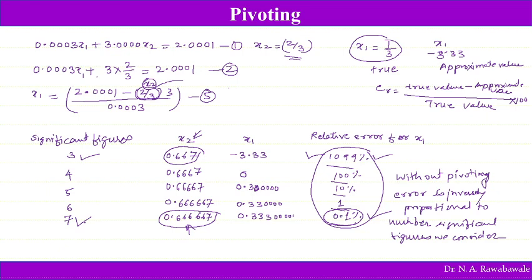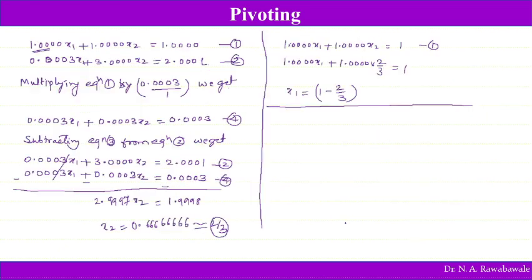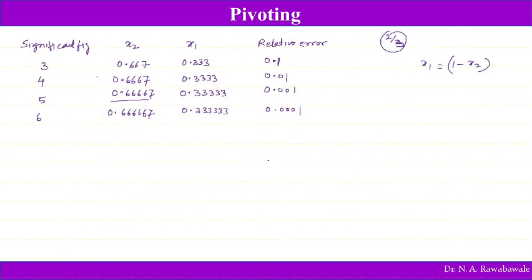So when we have taken the x2 value correct up to 7 significant figures, at that time we got 0.1 as the relative error. But in the second case, in the first step itself, when we have taken the value of x2 up to 3 significant figures, the error is 0.1.